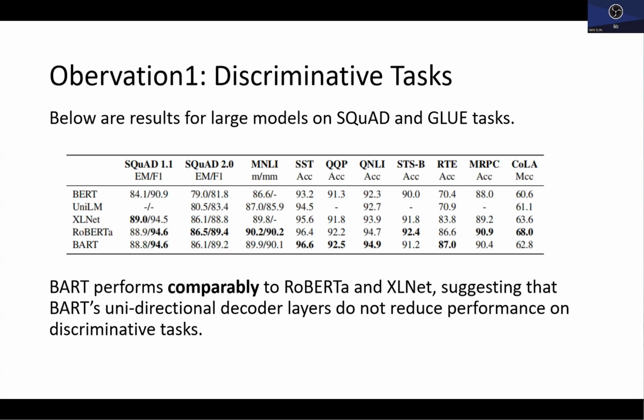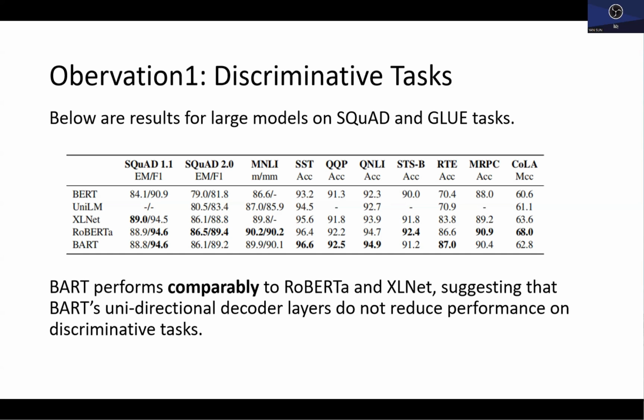So what this experiment looks like is that for discriminative tasks, this large-scale BART performs comparably to RoBERTa and XLNet. For some tasks, it outperforms these models, and for other tasks like SQuAD, it is not as good as RoBERTa, but it is very close.